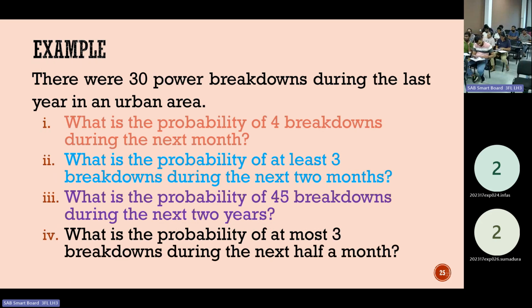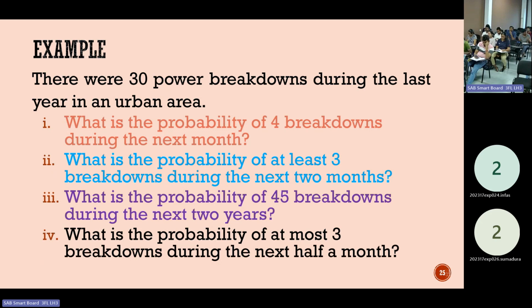So in this problem, there are 4 parts. I have highlighted all the 4 parts separately because the time duration changes. See here, this is some probability during the next month. This is during the next 2 months, during the next 2 years, during the next half a month. So the time level changes. When the time level changes, the full process you have to do.